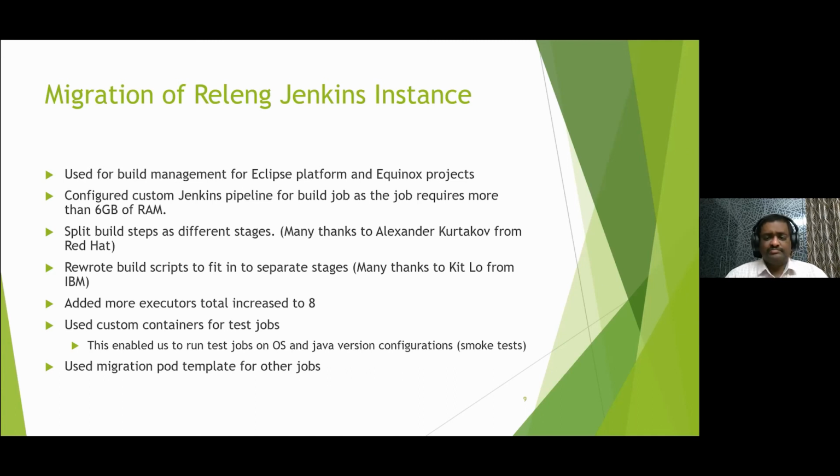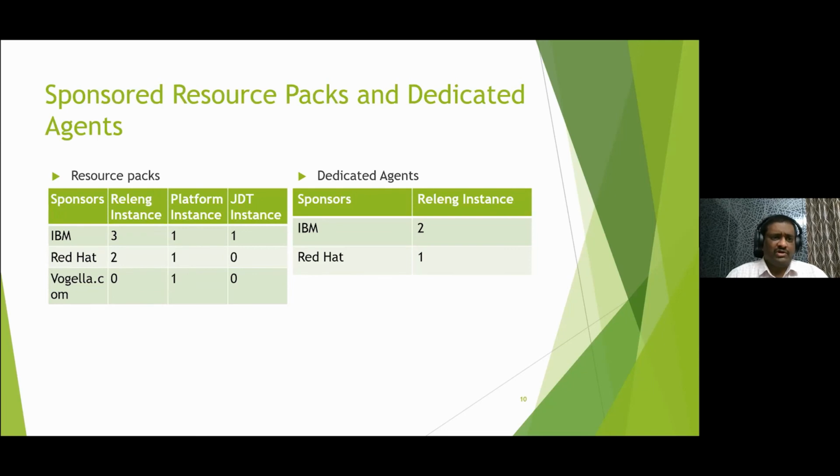Going forward, if you look at these resource pack usages, we are heavily using resource packs. Each strategic member gets 10 resource packs, and IBM exhausted about 5 resource packs on the platform project alone, and 2 dedicated agents, and IBM exhausted their 2 dedicated agents on the platform project itself.